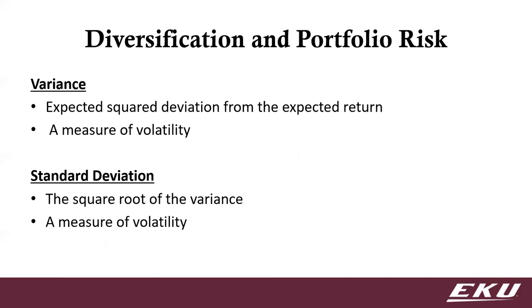Okay, so let me just move on then to diversification and portfolio risk. Just a couple of terms I want to talk about. Variance is the square of the standard deviation, or it's the squared deviation from the return. So if I calculate an average, say 6%, but the possibilities were 4, 6, and 8, I would say, how far is 4 from 6?